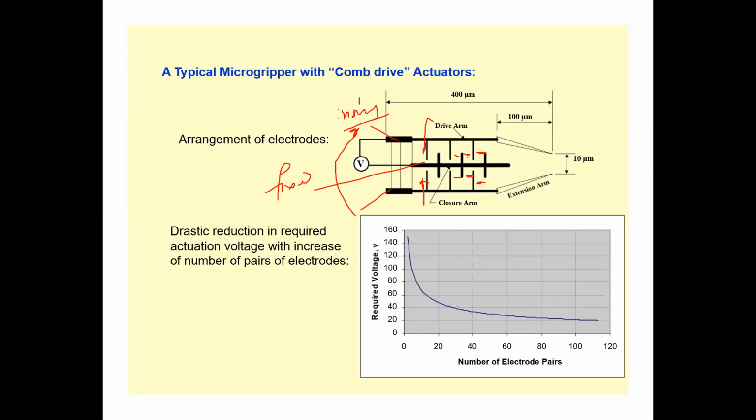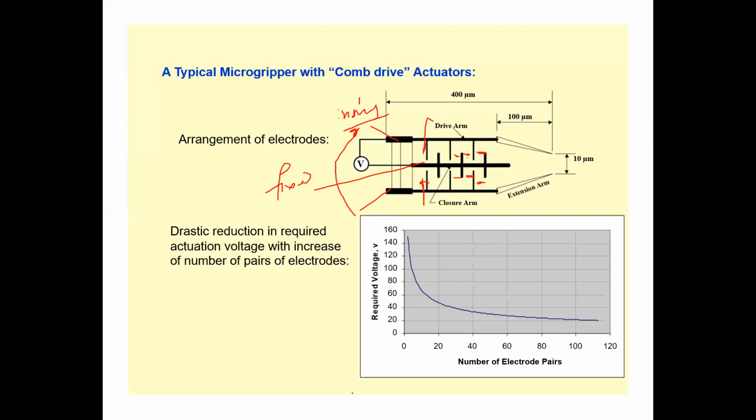As the number of electrode pairs increases, you can see that the applied voltage drops, right? You can keep on increasing the number of fingers in the comb drive, and you need lesser voltage for the actuation, right? So there is a drastic reduction in the required actuation voltage with the increase in the number of electrode pairs, right?